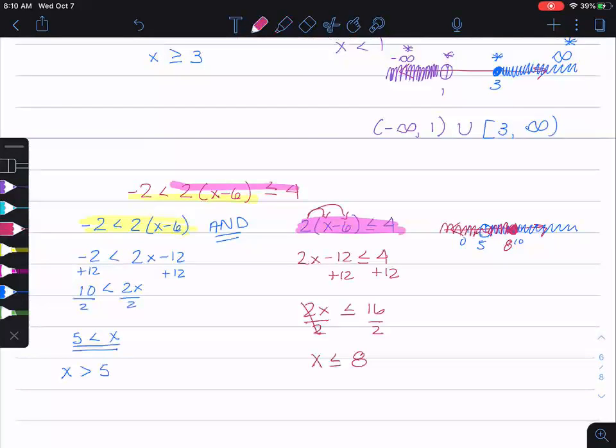So where I'm paying attention to, guys, is it's an and. And means both. So I see that I am shaded both between that 5 and 8. So my interval notation would be where it's both. That's my answer. I start with that open circle at 5 and I end at that closed circle at 8. So open circle means parentheses, closed circle means bracket.